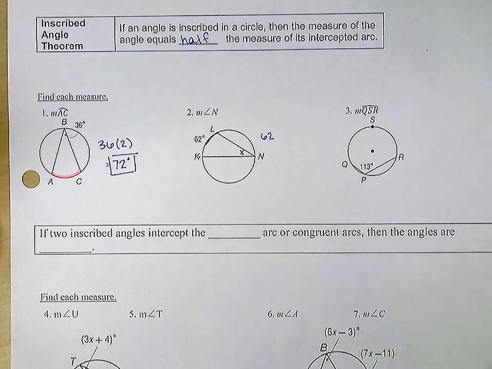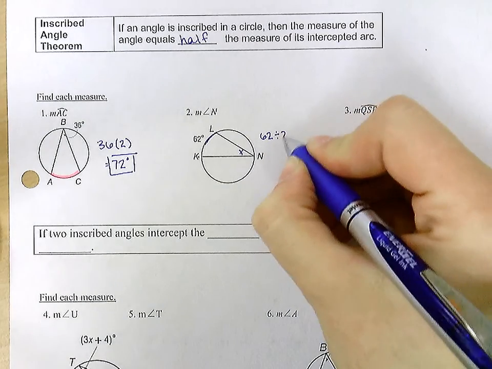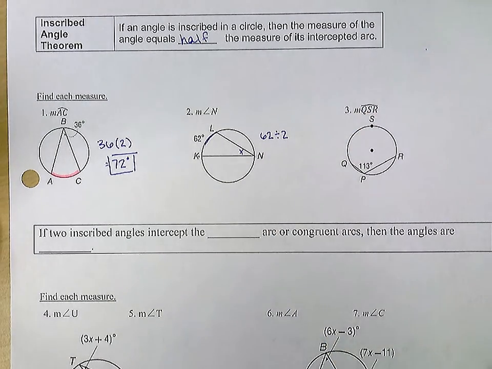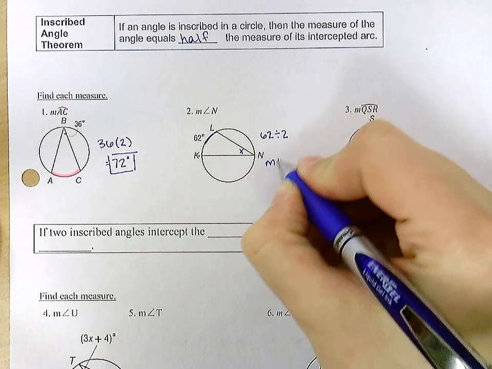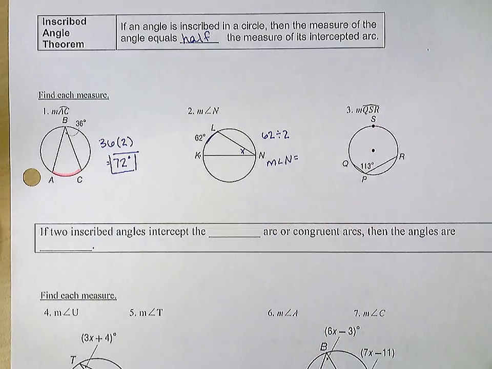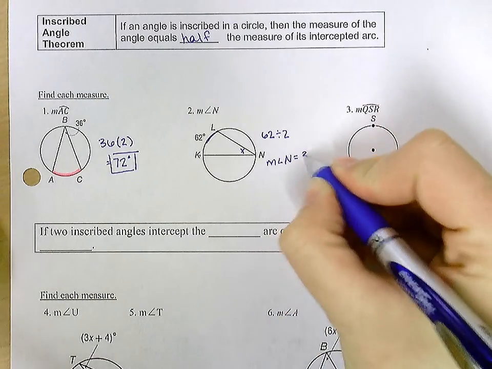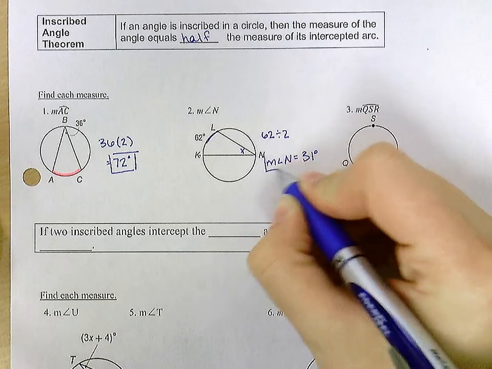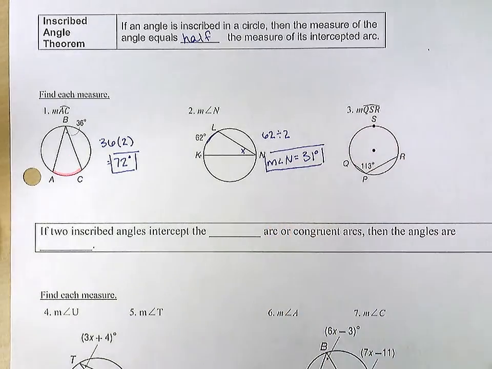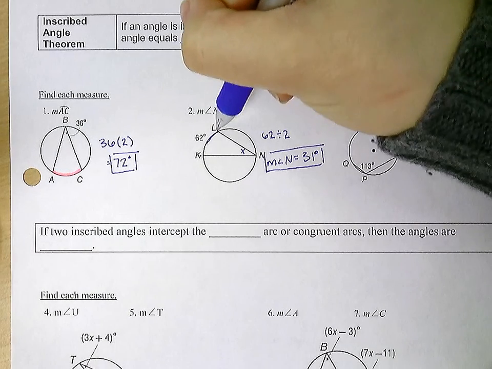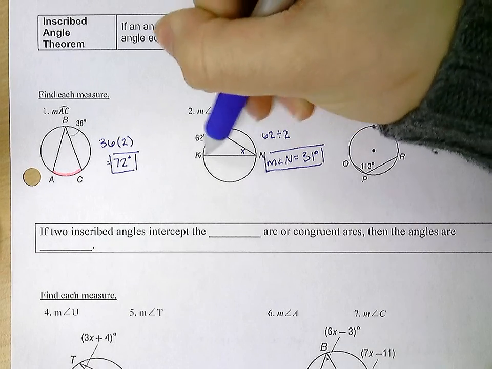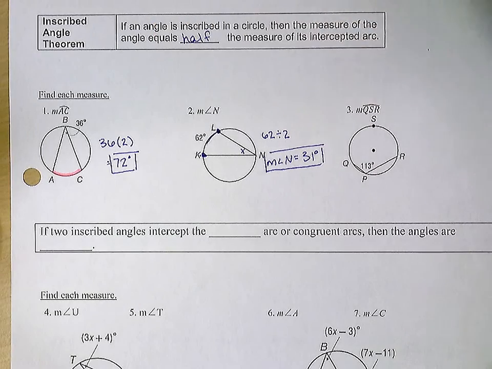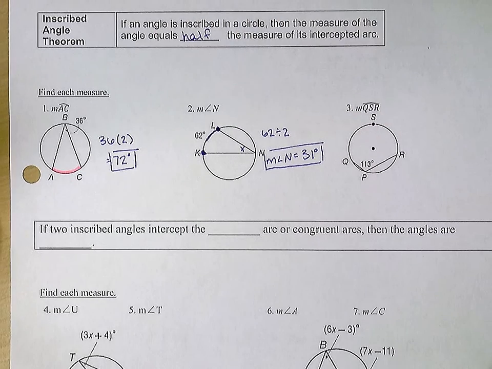We take that intercepted arc and divide it by 2 to get our angle is 31 degrees. So you have to look for that intercepted arc, where those 2 chords hit your circle. You'll have to follow that angle to where it hits those 2 points to create that intercepted arc.